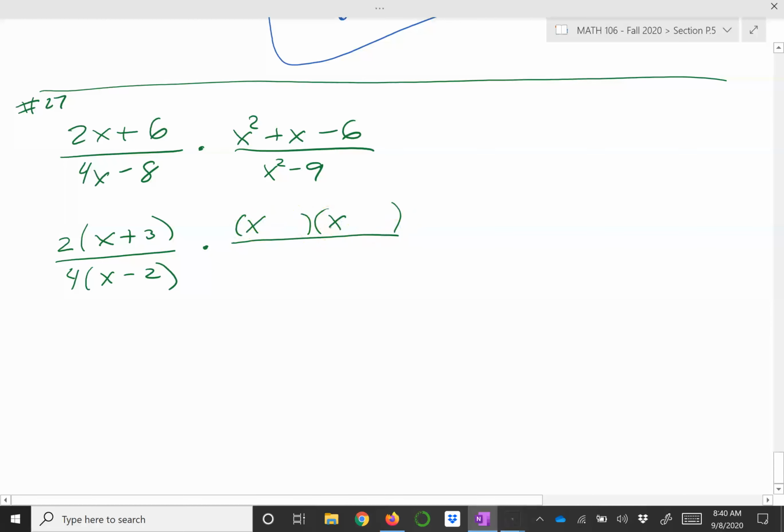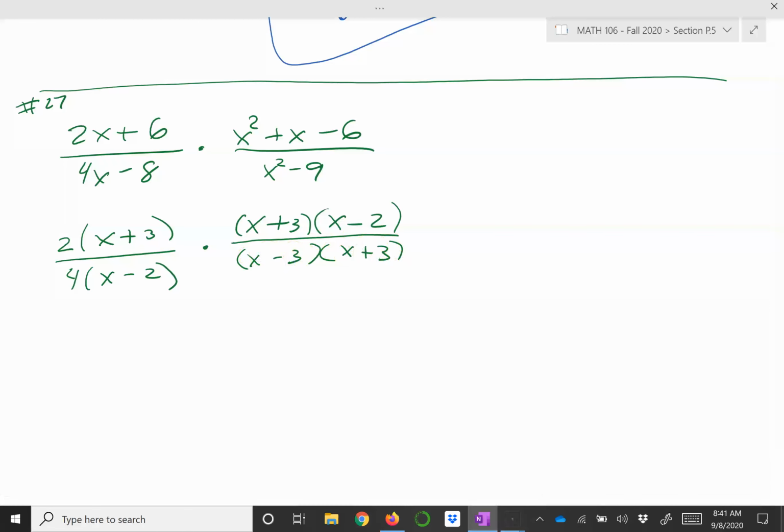So the factors of 6 to get me a 1x is going to be a 3 and a 2. And I want the 3 to be positive and the 2 to be negative, right? Because 3x minus 2x gives me a positive x, and then the 6 is negative. And then we have a difference of squares in the denominator.